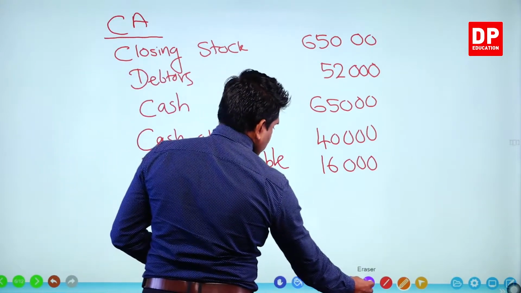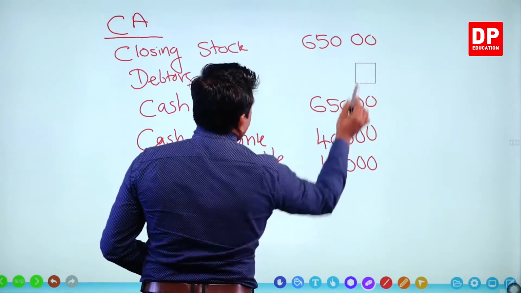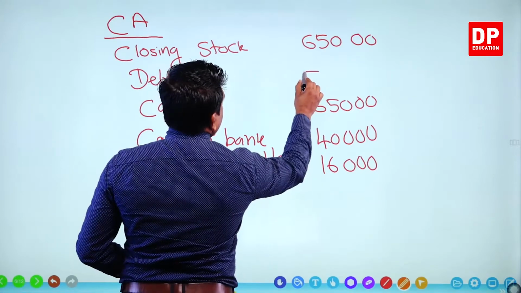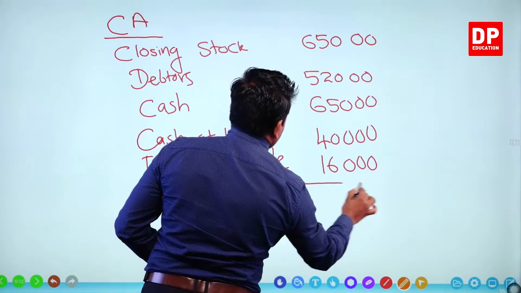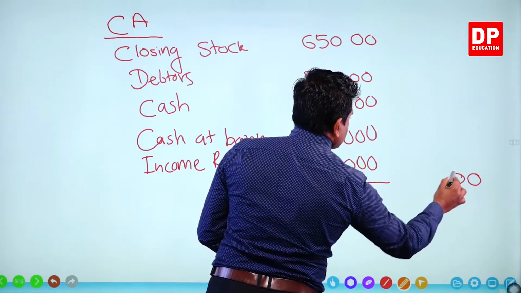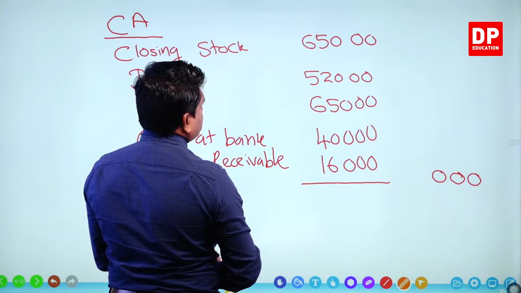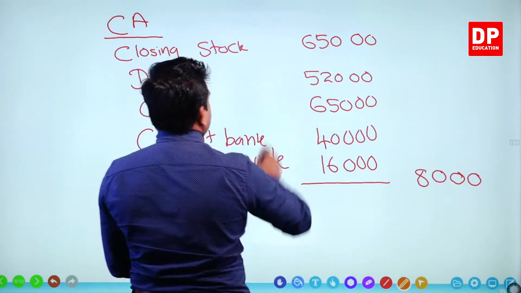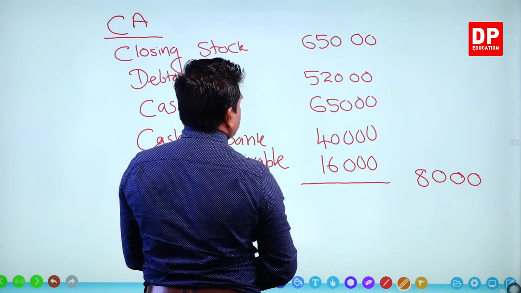We can erase here 52,000. Why? We write it again. 52,000. Then you can get the total. How? 0, 0 and 0, right? 5 plus 7, then 7 plus 12 plus 6, 18,000.